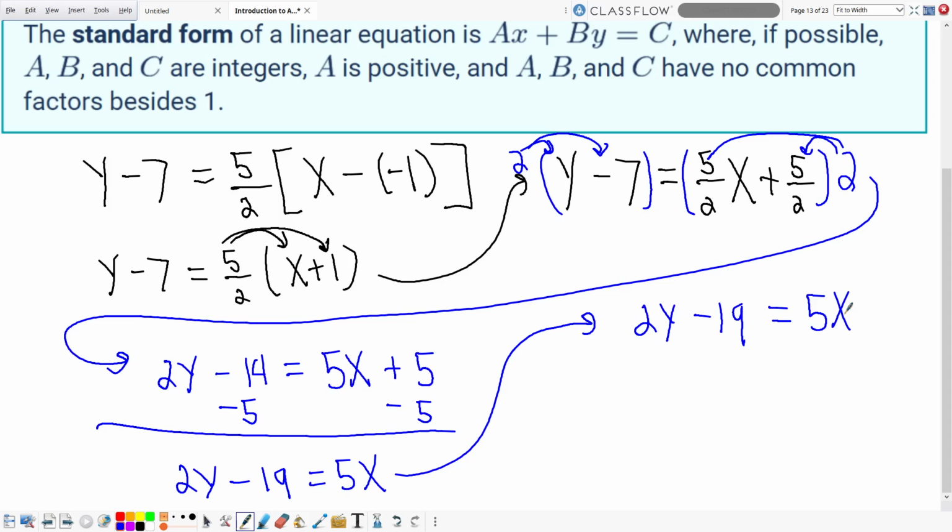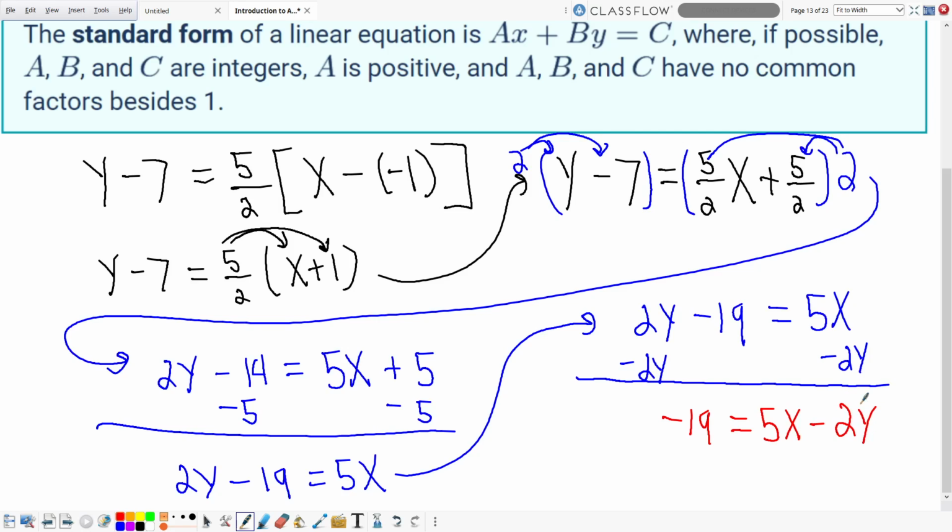So almost there. Now I just got to move my y term over by subtracting 2y on both sides. So our final equation is going to be, that cancels out. We get negative 19 equals 5x minus 2y.